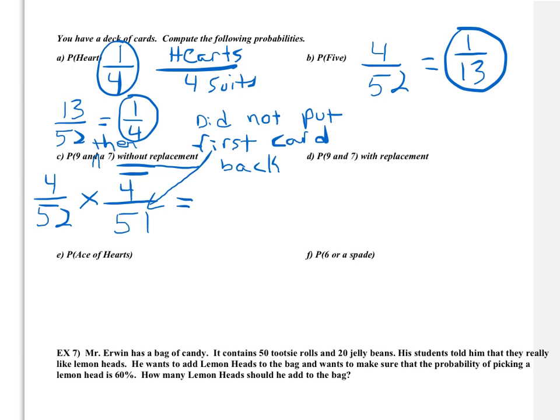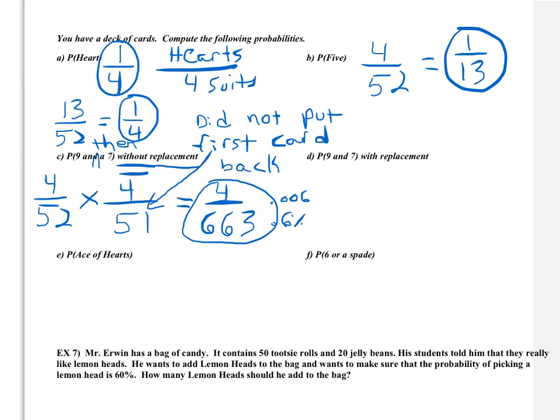When you multiply this, you will get 4 out of 663, and that cannot be reduced. So that's your answer. The probability of drawing a 9 and then a 7 from a deck of cards is very, very small. In fact, as a decimal, that would be 0.006, or only 0.6%, meaning less than a 1% chance.